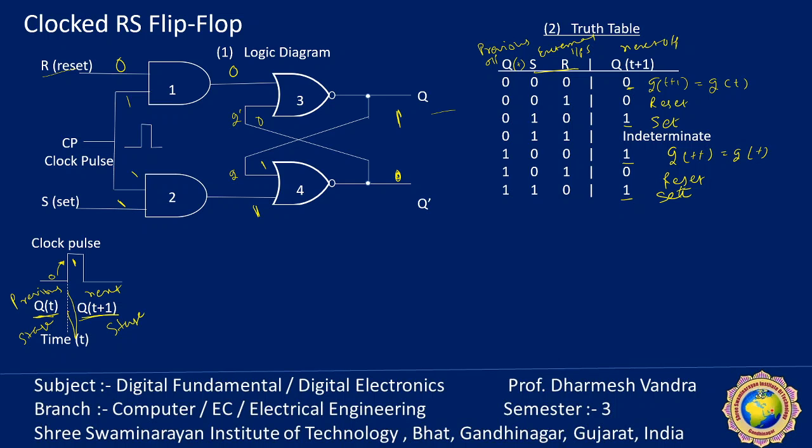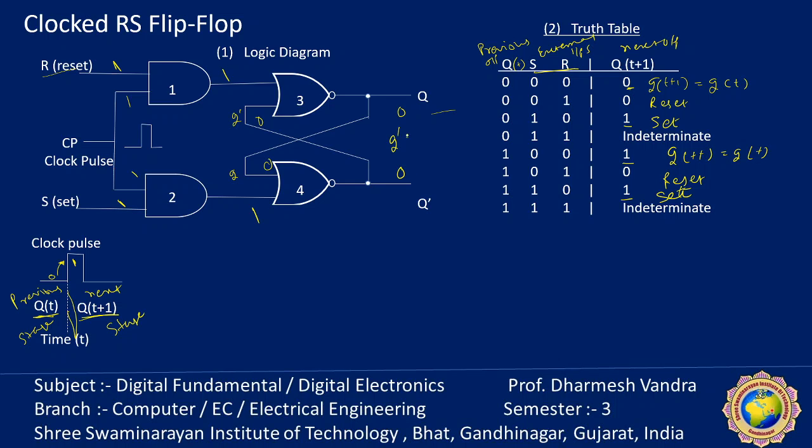Okay. And if all are 1, Q is 1, set is 1, and reset is 1. So 1 1, gate number 1 is 1. 1 1, gate number 2 is 1. Both are 1, the result is 0. 1 0, the result is 0. Again, this will become 0, but due to this one, the result is 0.